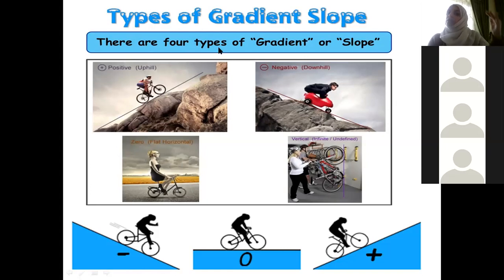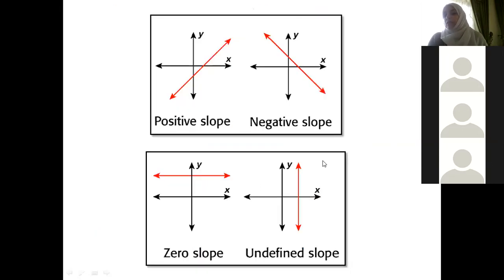We have the horizontal line, a line parallel to the x-axis, and that would have 0 gradient. We will see how we can find that in a minute. We also have the vertical line, which has an undefined gradient, and we will also explain that in a minute. So we will end up with 4 different types of gradients.